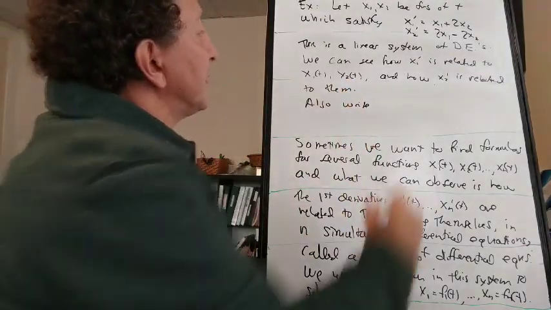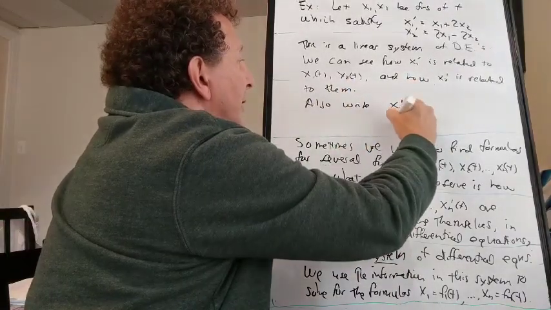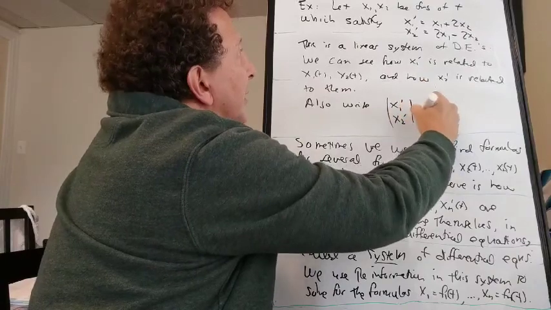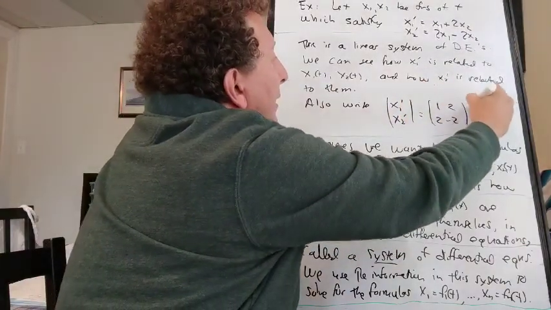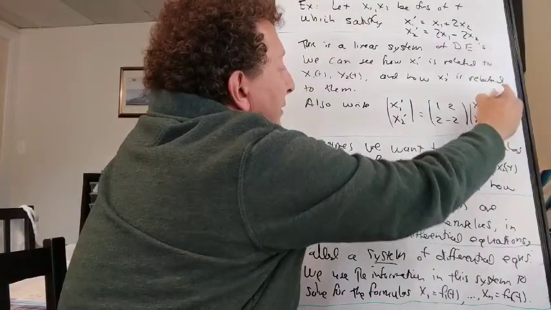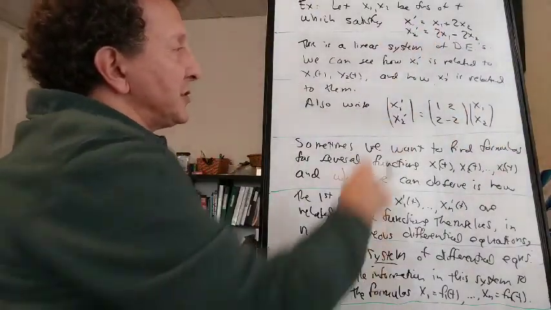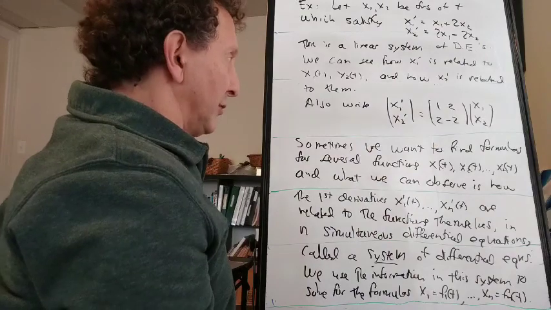We can also write this as x1 prime, x2 prime as a vector equals the matrix 1, 2, 2, negative 2 times the vector x1, x2. It's the same equation, just written in vector matrix notation.